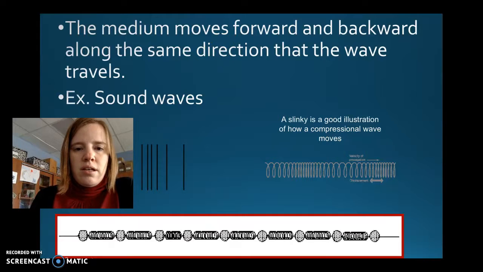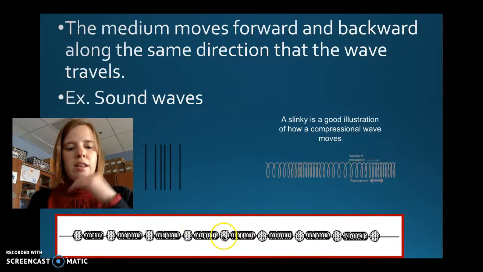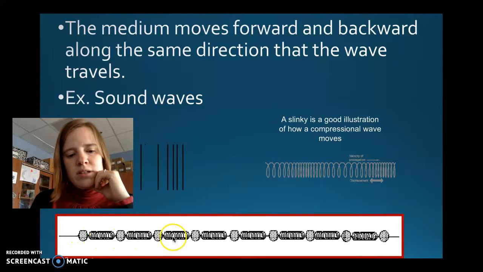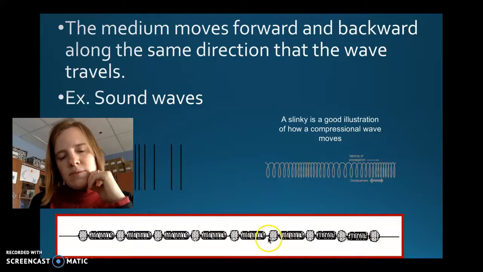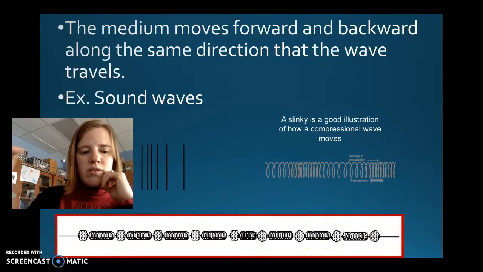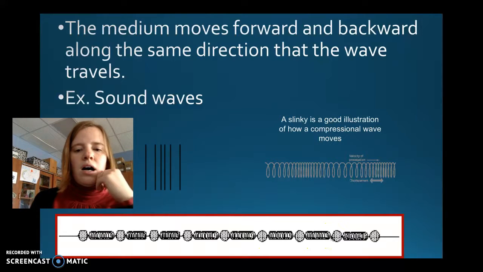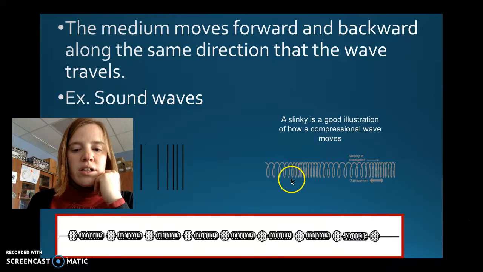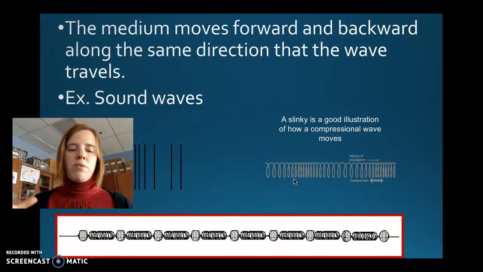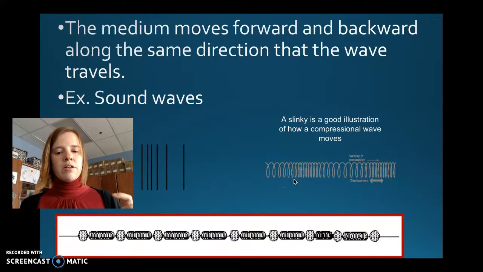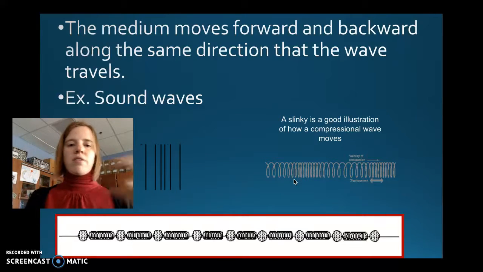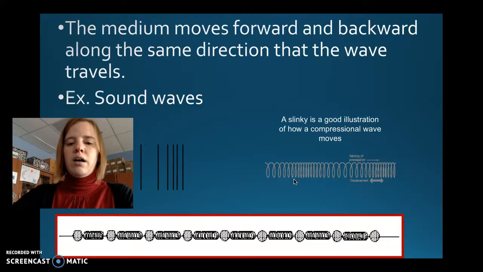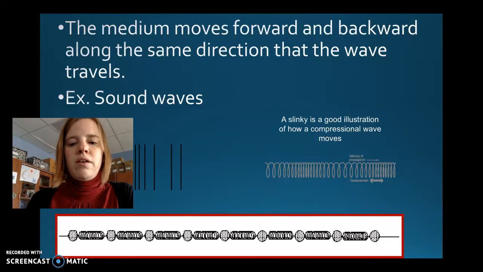So you can see in these animations that the wave is moving this way and the medium is moving back and forth in the same direction. This is how sound waves move. And a slinky is a really good illustration of that. We're going to play with slinkies a little bit later in the week. If you move the slinky back and forth, the wave kind of moves with it. So this is a really good illustration of how the compressional wave moves.